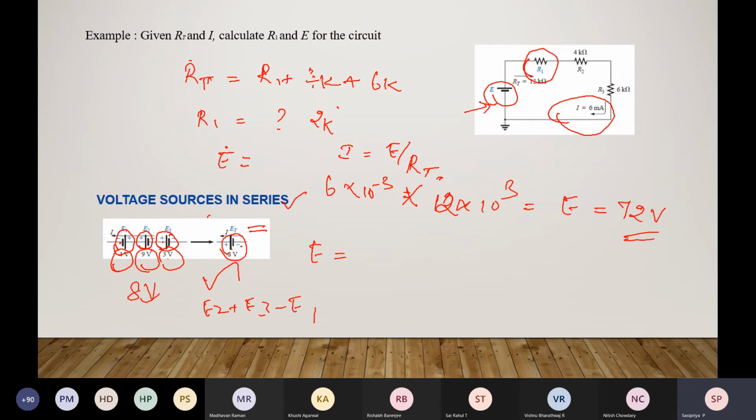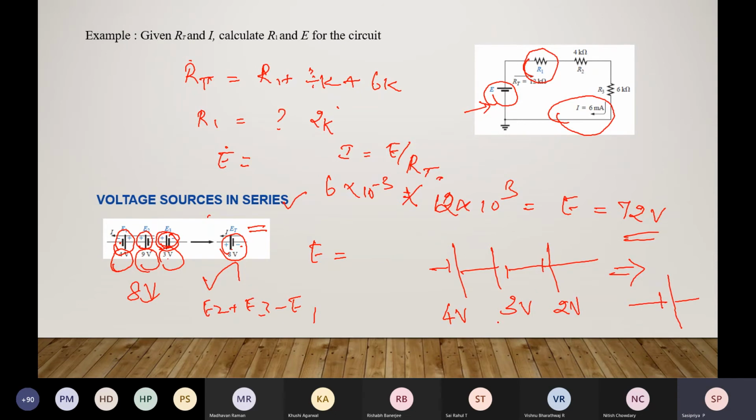Okay, so suppose this is also like this. Say suppose this is 4 volt and this is 3 volt and this is 2 volt. So now can anyone tell me what the net voltage will be? Will it be a negative value or positive value? Should I represent plus minus or minus plus? Positive value. Ma'am, 3 volt.